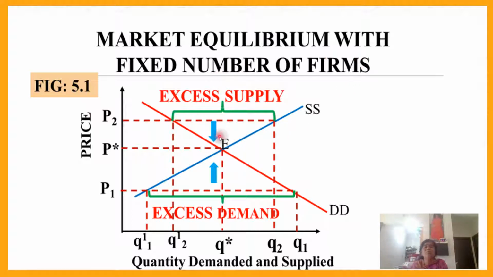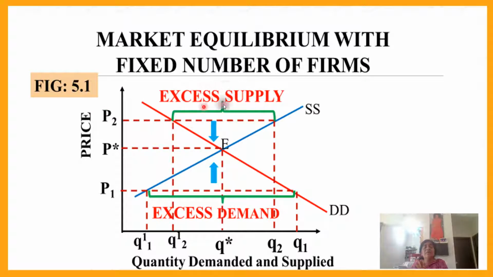This also is a concept called the invisible hand. What is that invisible hand? The market demand and the market supply are called the invisible hand. That is, when there is an imbalance in the market prices, what is the imbalance? At a price less than the equilibrium price, P1, there is excess demand. If greater than the equilibrium price, there is excess supply.